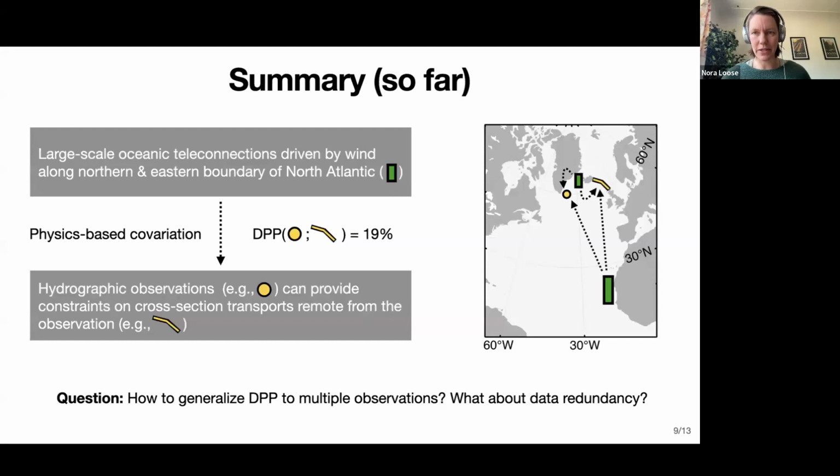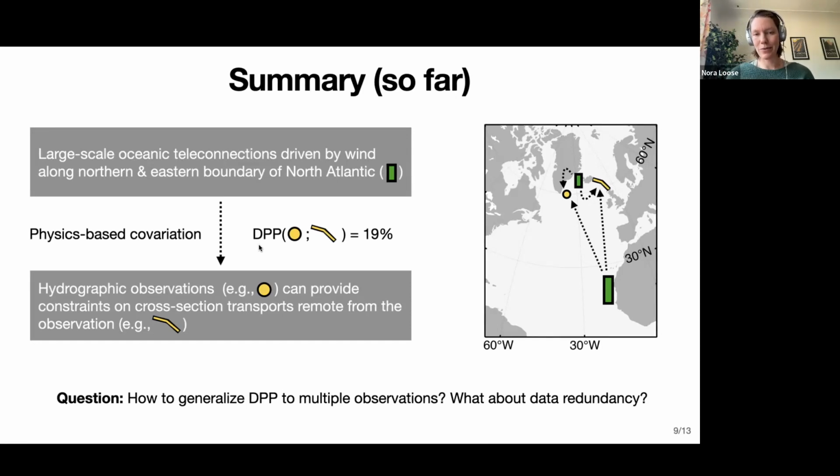So let's summarize what we've seen so far. We've looked at large-scale oceanic teleconnections driven by wind along the northern and eastern boundary of the North Atlantic, and these teleconnections lead to physics-based covariation. This physics-based covariation we have quantified by dynamical proxy potential.